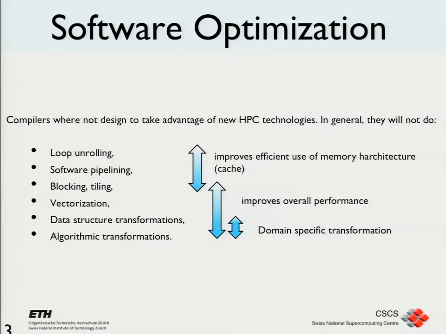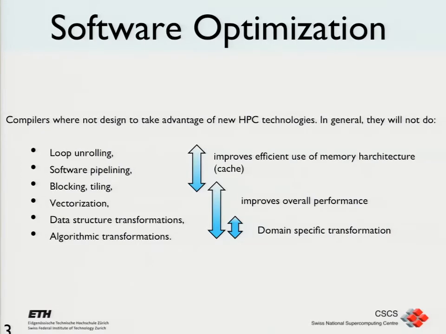Those techniques are there to take advantage of the memory architecture, and in particular, the cache. They will not vectorize the code easily unless it's a very simple example. So this will improve the overall performance by the size of your vectors.